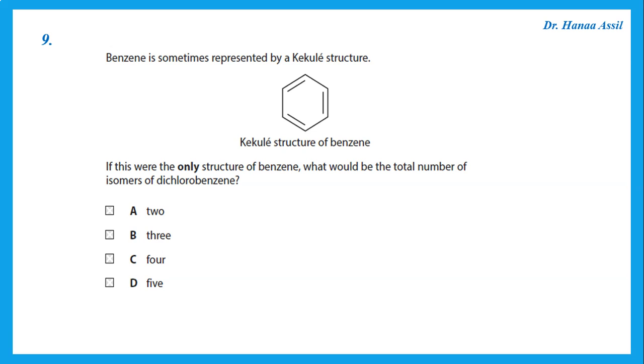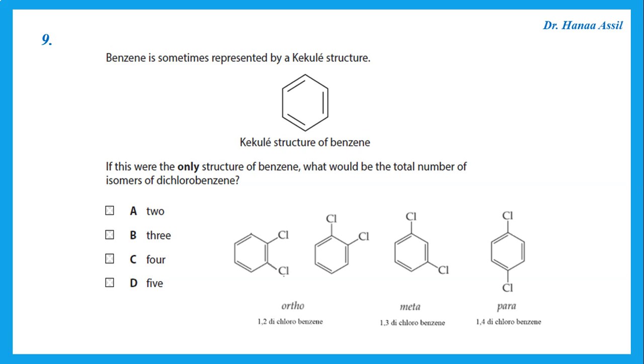So how can I put 2 chlorines on the benzene ring? I can either put them adjacent to each other, or on carbon number 1 and carbon number 3, or on carbon number 1 and carbon number 4. Now, for those adjacent to each other, if the structure is a Kekulé structure with a specific double bond somewhere and a specific single bond somewhere, then I would have 2 options.